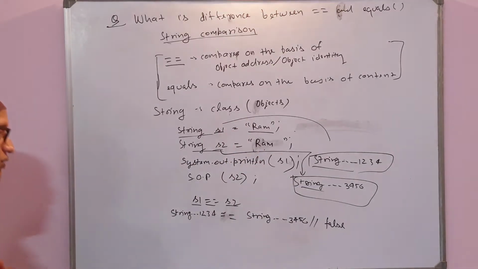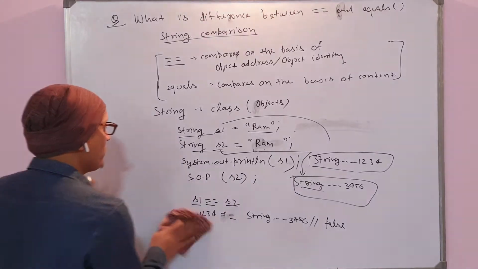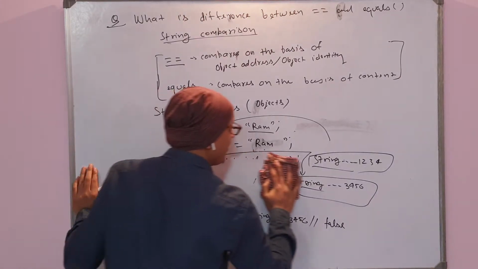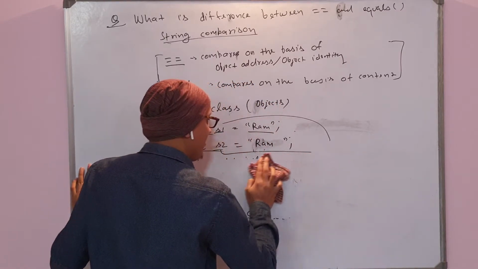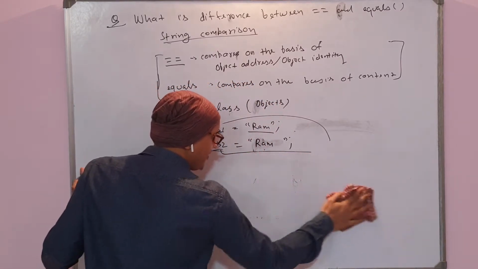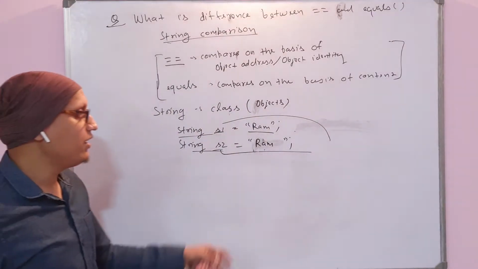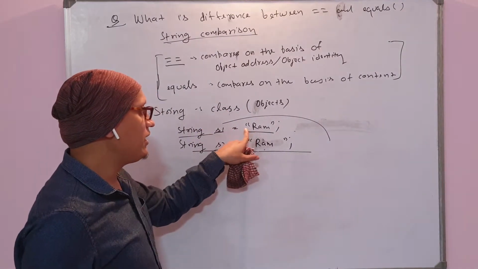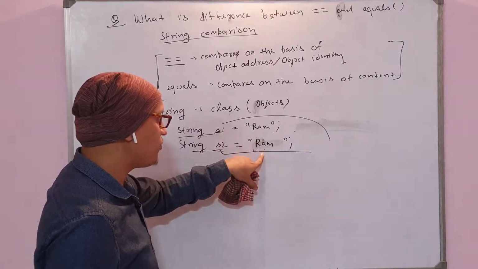So to avoid that, we go with the equals method. So to avoid this kind of object identity and go for content comparison. That means this is Ram and this is also Ram.